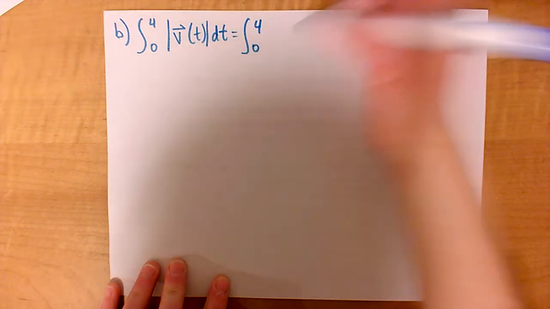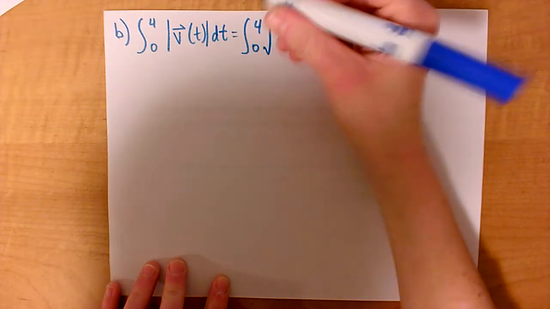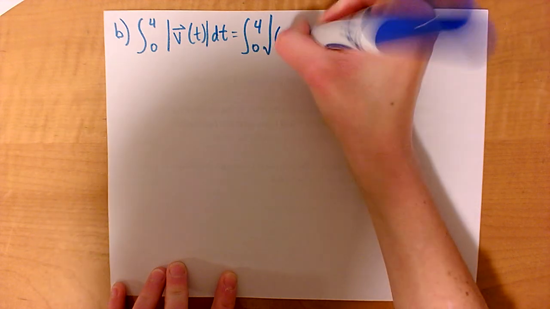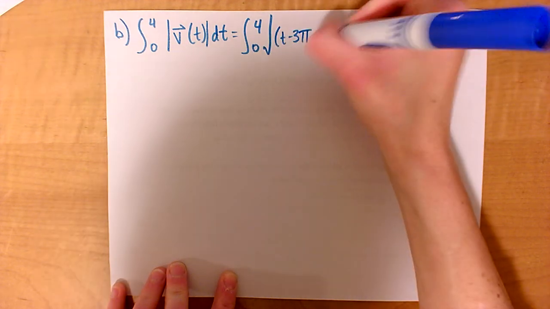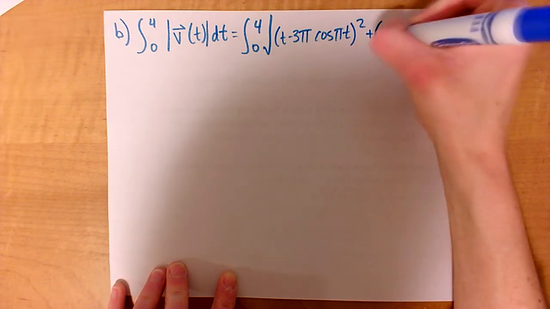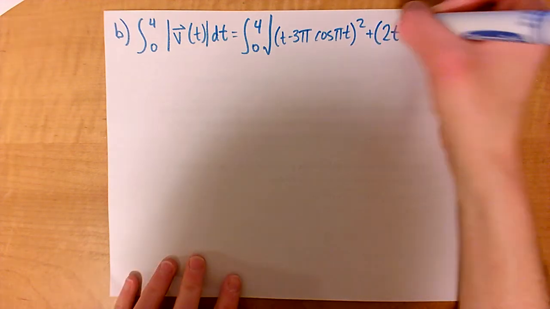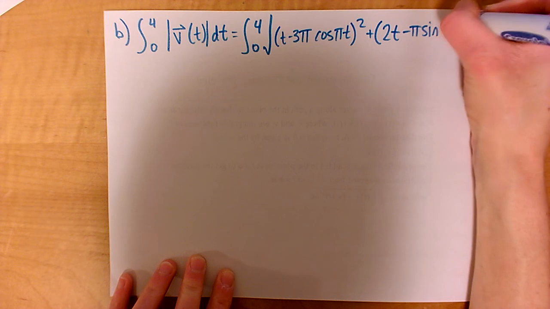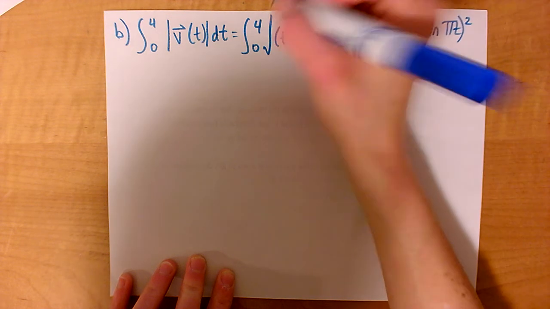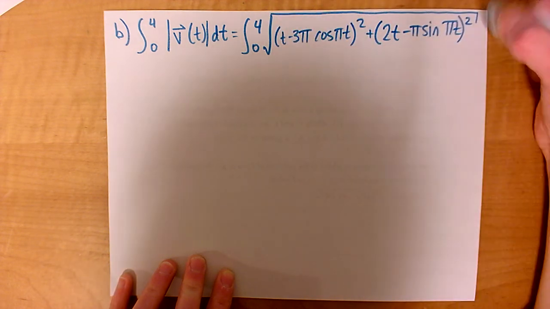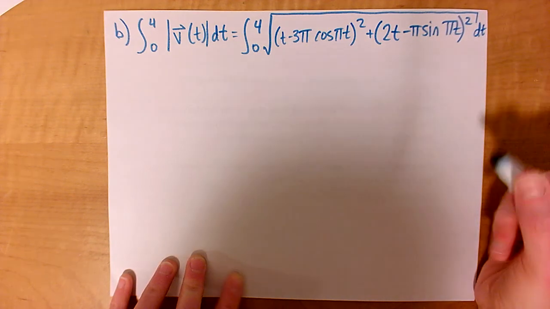Right, so we'll have the integral from 0 to 4 of the square root of (t minus 3 pi cosine pi t) the whole thing squared, plus (2t minus pi sine pi t) the whole thing squared, dt.